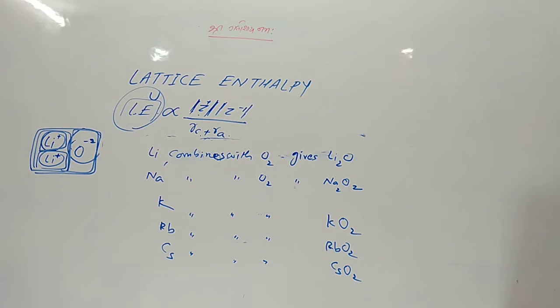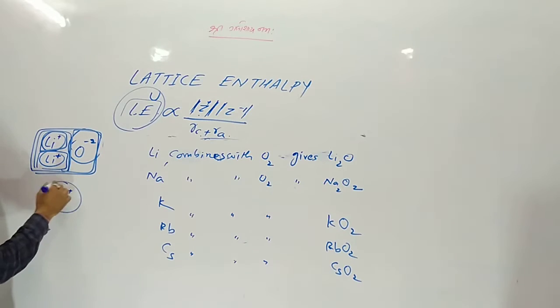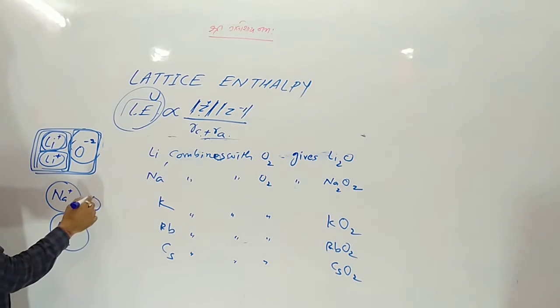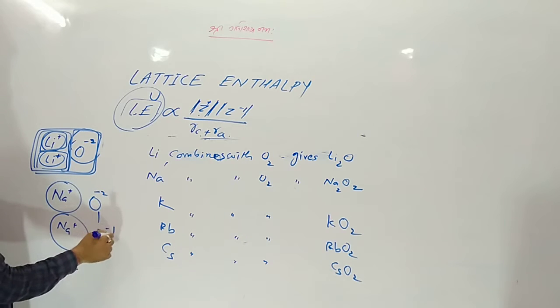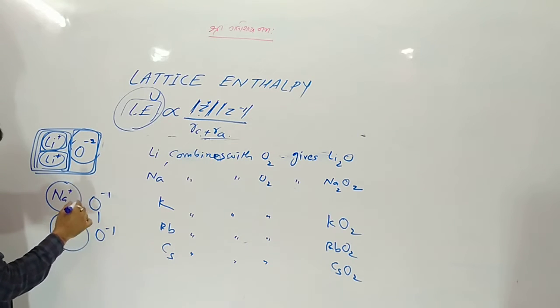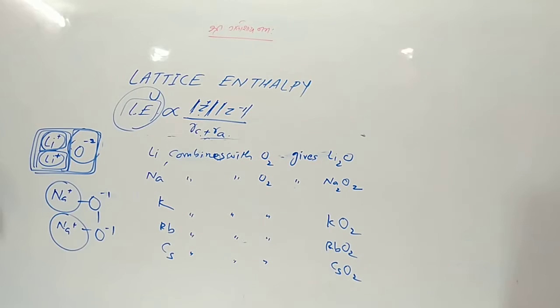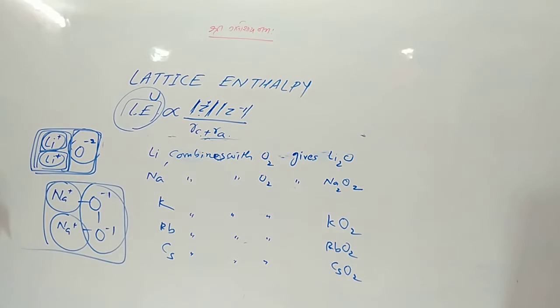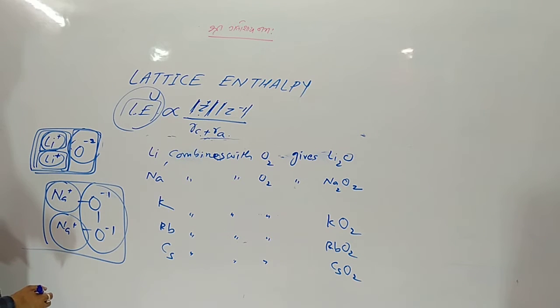So lithium gives monoxide, whereas sodium is bigger in size than lithium, so it combines with 2 oxygen and gives Na2O2, that is the peroxide.